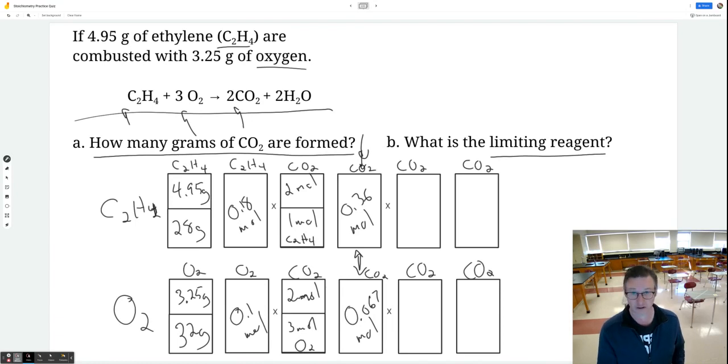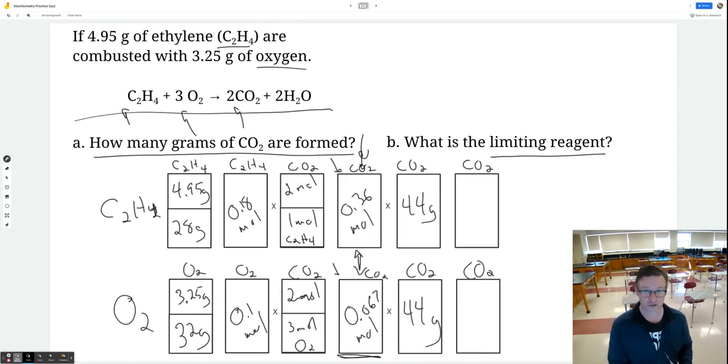So right here, I can say for sure that this calculation down here is going to produce a smaller answer because the only step left is multiplying by the molar mass of CO2, which is the same because it's CO2 in both cases. So I'm multiplying whatever number I have here times the same number. So the proportion is going to be the same.